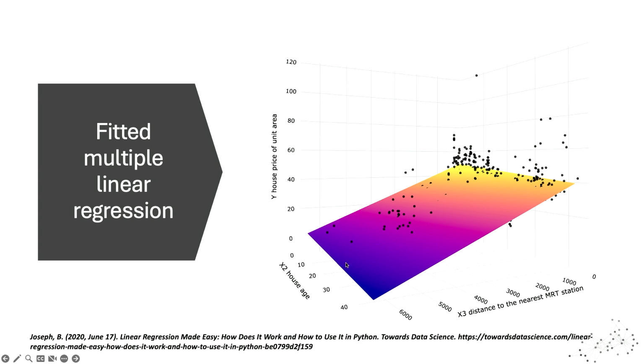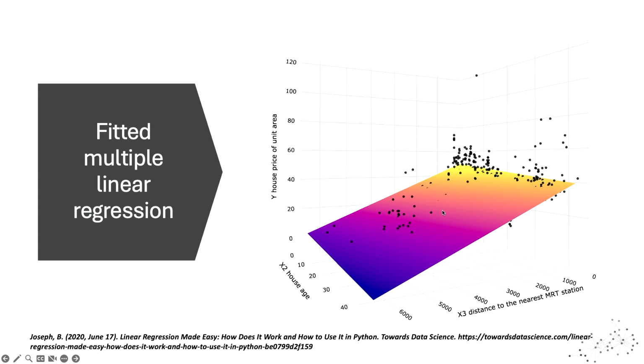Now, as you can see, we more or less created a hyperplane that describes this trend. As you can see, our price of unit area heavily depends on the distance and the house age. The newer the house and the closer to the mass transport stations, the price goes up.